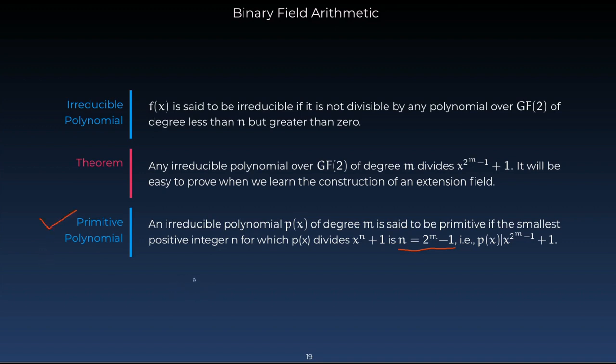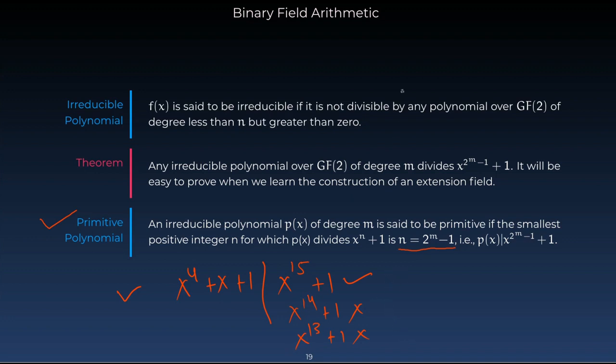An example of a primitive polynomial here is x to the power 4 plus x plus 1. This divides x to the power 15 plus 1, and it doesn't divide any other such polynomial of lower degree. So it divides this, but it doesn't divide x to the power 14 plus 1. It doesn't divide x to the power 13 plus 1, and so on and so forth.